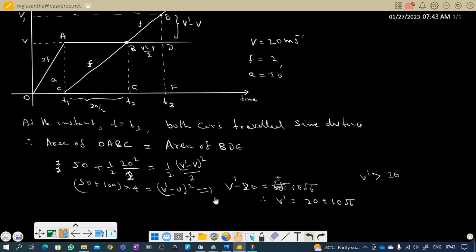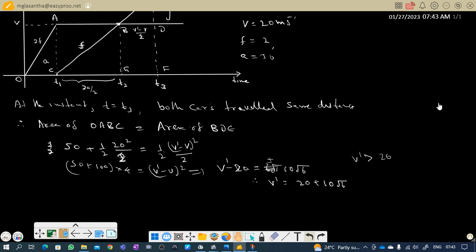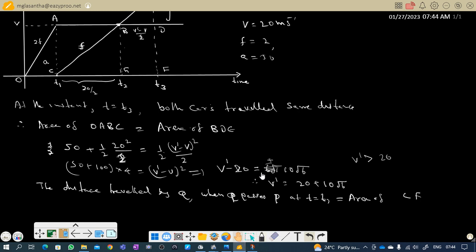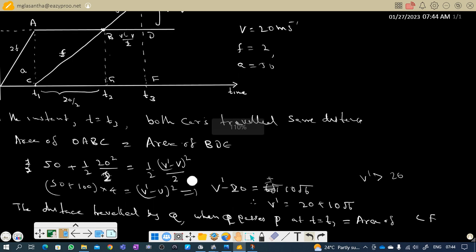The distance travelled by Q when Q passes P, at t equals t3, is equal to the area of CFE.